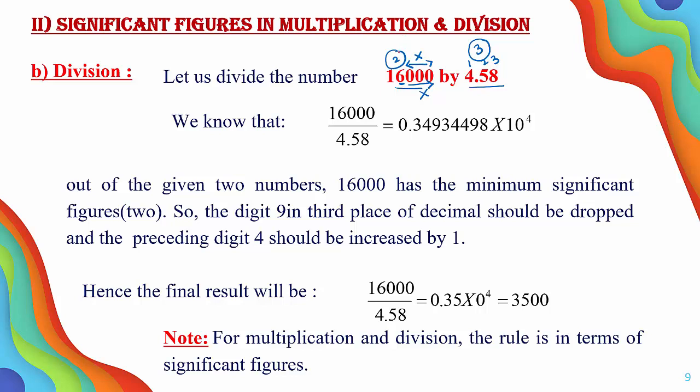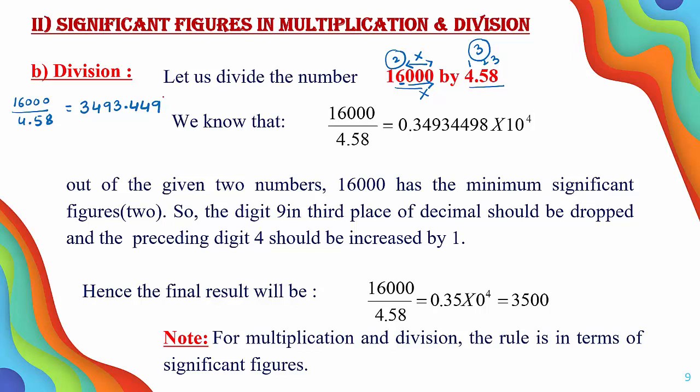That means in the final answer we should have only 2 significant figures according to the rule. Now after dividing these two numbers, what is the final answer? When I divide 16,000 by 4.58, I will get the answer 3,493.449.